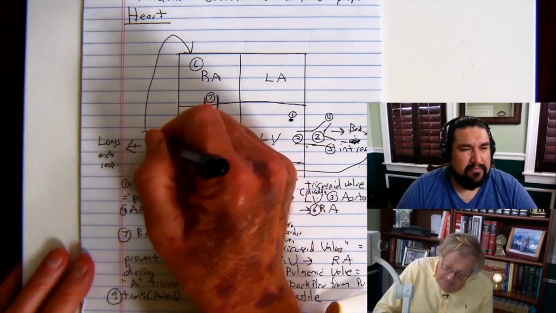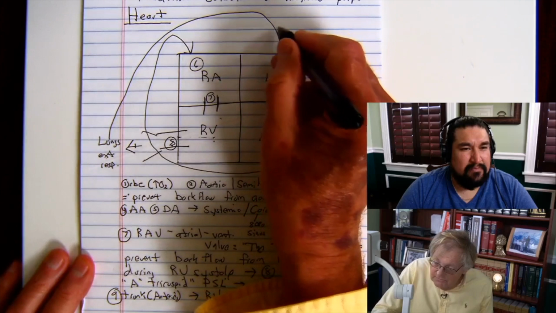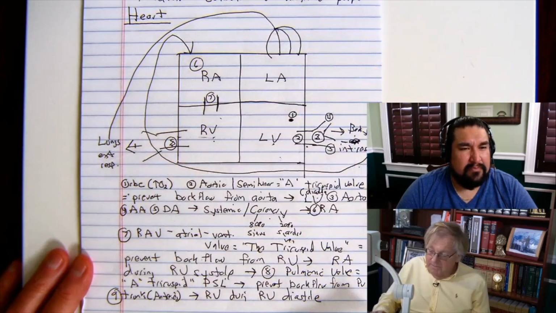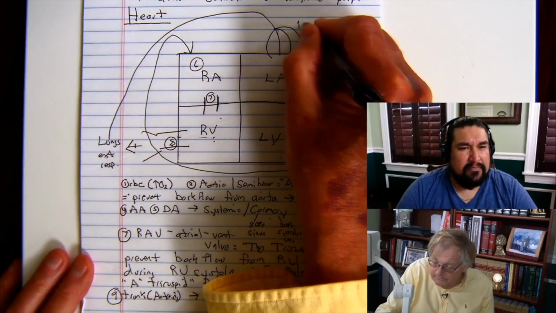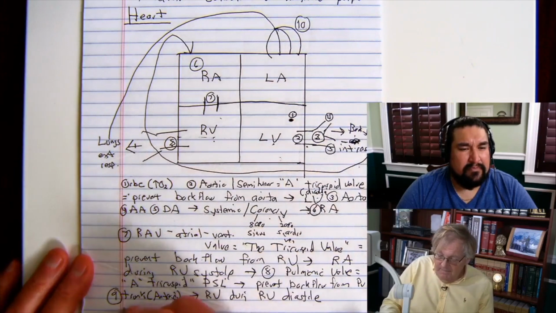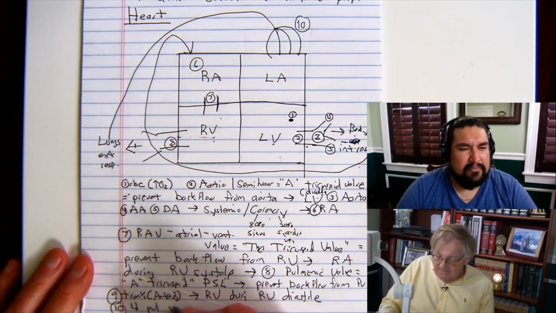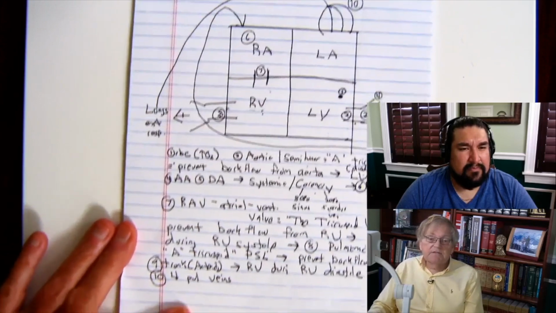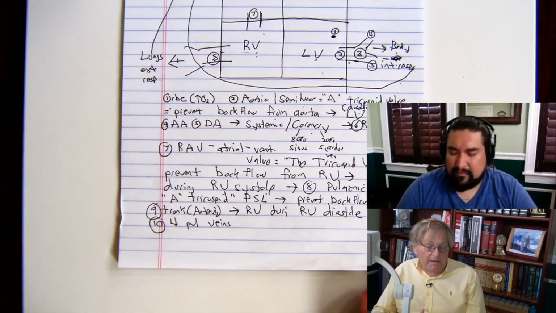And so coming out of the lungs are going to be 4 openings into the left atrium. And those 4 openings are going to be number 10. And number 10 is going to be the 4 pulmonary veins. But remember, the pulmonary veins are transposed vessels, so they're veins that have arterial blood.